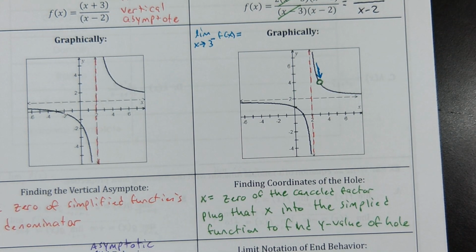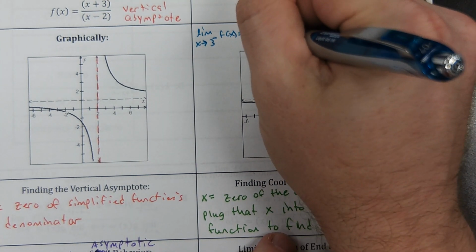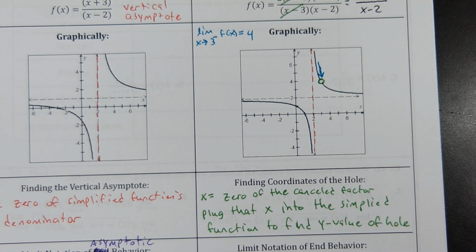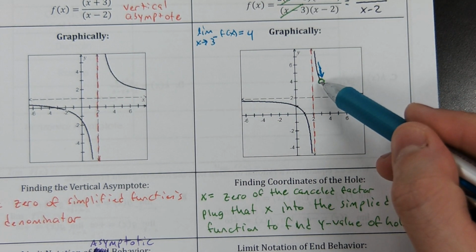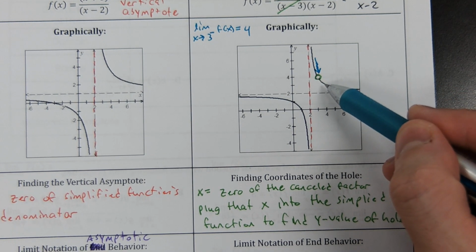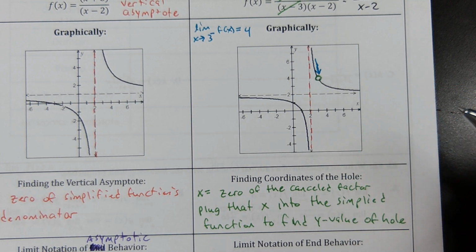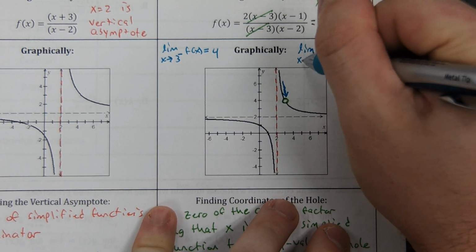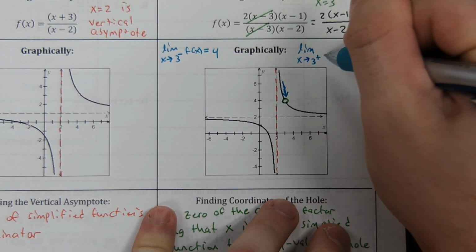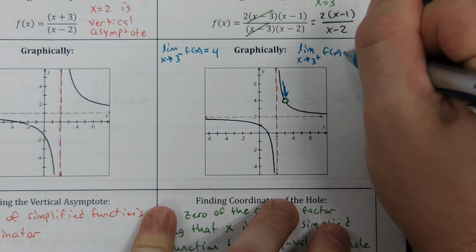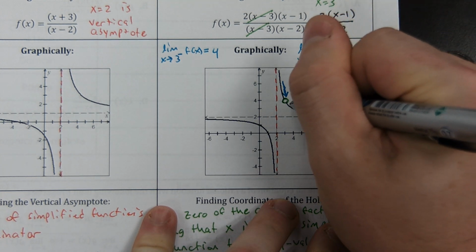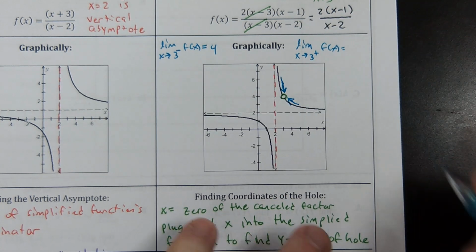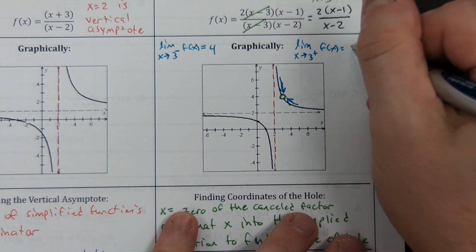It's heading towards the y value of 4. Because I'm to the left of the hole, but I'm getting closer to x equals 3, I'm approaching this y value. And the limit as x approaches 3 from the right side of 3. Okay, so that's over here. As you can see, my y values are once again approaching 4.